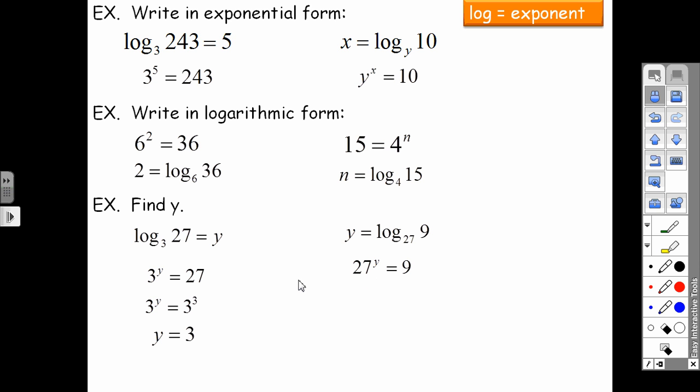But both of those can be rewritten to have a base of 3. So 27 is 3 cubed, so this is going to be 3 to the 3y. 9 is 3 squared. So now, since they both have the same base, I can equate the exponents. So 3y equals 2 and y equals 2/3. So that's a really handy little trick there. Okay, let's move on.